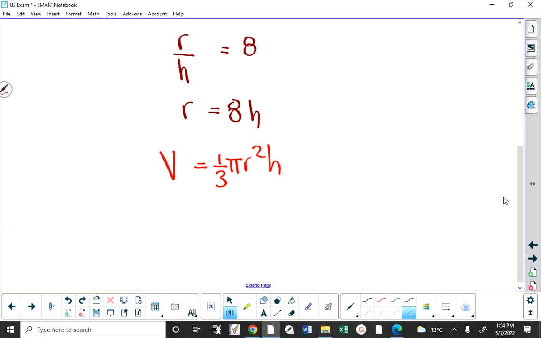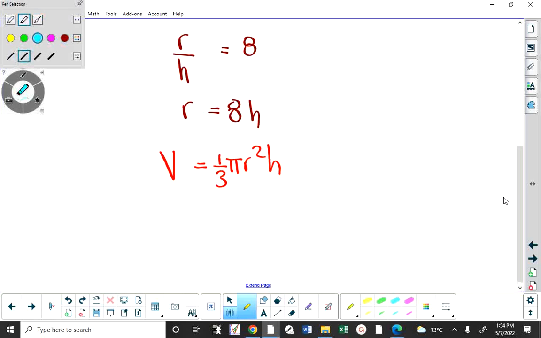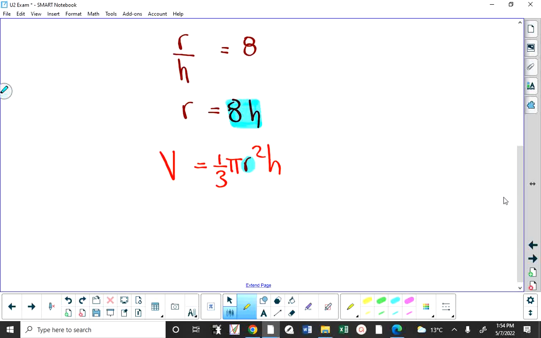And what we can do now is, in the equation where we see radius, we can put 8h instead of the radius. Again, our motivation here is you want to keep all of the variables whose rates of change you either know or want to know, and everything else gets thrown into the bin.